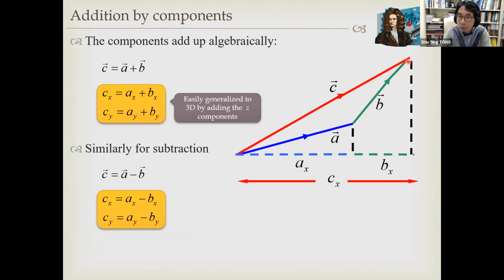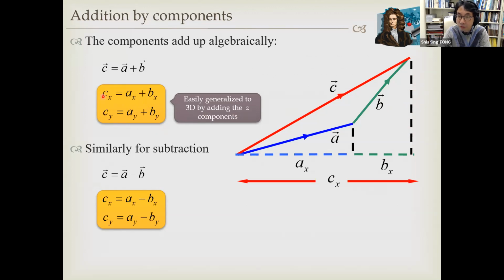And if I resolve the vector C along the x-axis, I also get the x component Cx. And you can easily see from this diagram that Cx is simply Ax plus Bx. Okay, and you can do the same thing for the y direction. And you can easily find that Cy is Ay plus By. So that's why we can add the components separately.